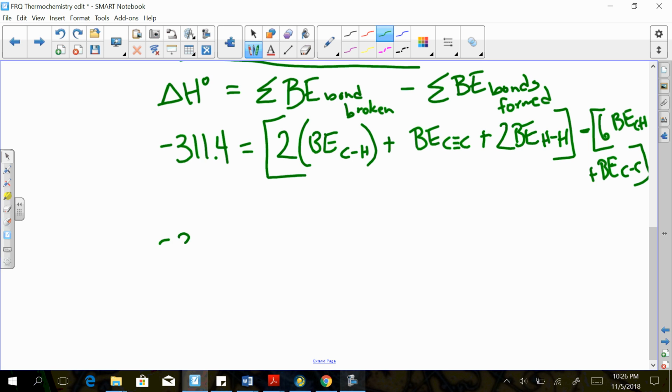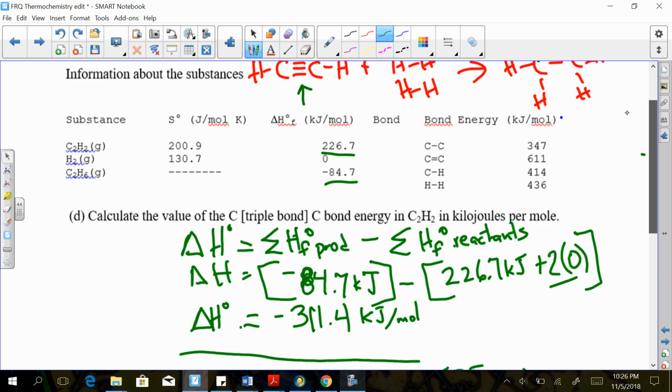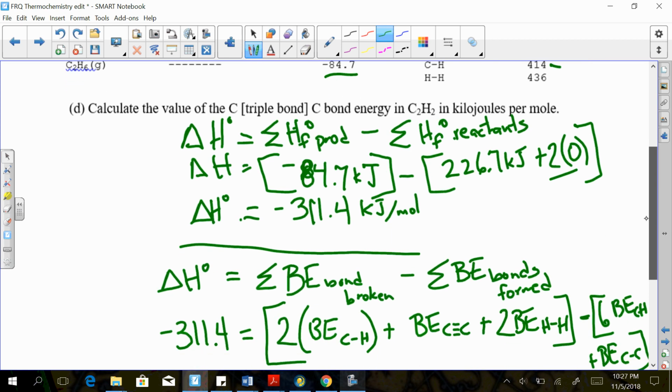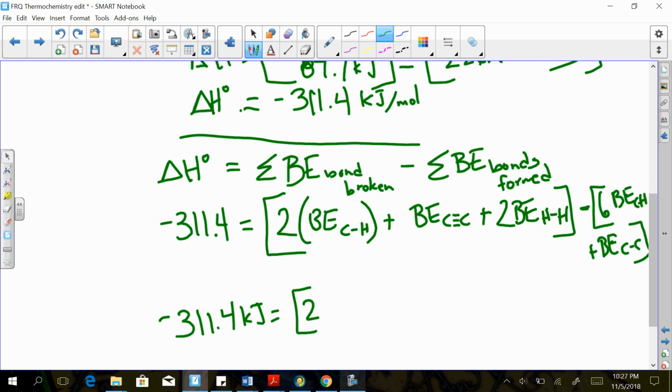So if I know this is negative 311.4 kilojoules, and that equals 2 times what's the bond energy of my carbon-hydrogen bond? And so if I come up here, I'll look. Oh, it's 414. 2 times 414 plus the bond energy of my carbon-carbon triple bond.